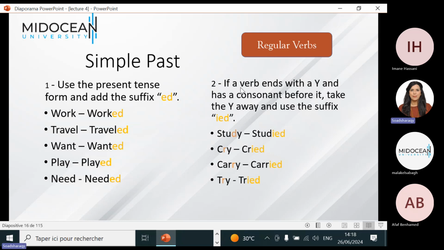If a verb ends with y and has a consonant before it, take the y away and use the suffix -ied. Example: study, studied; cry, cried; carry, carried; try, tried.